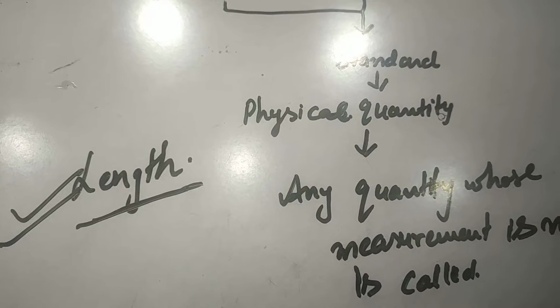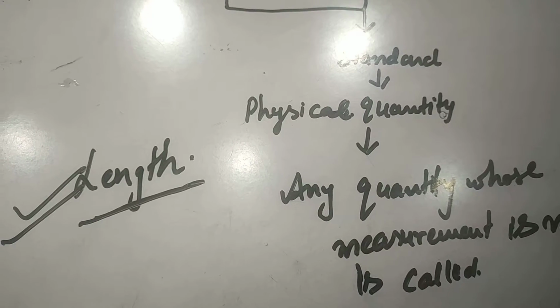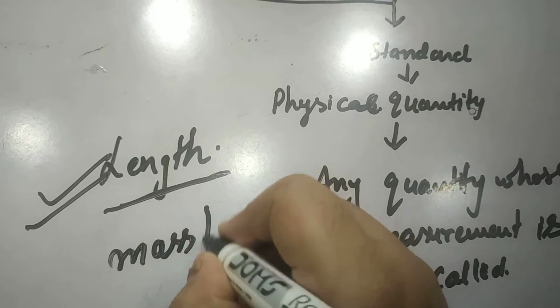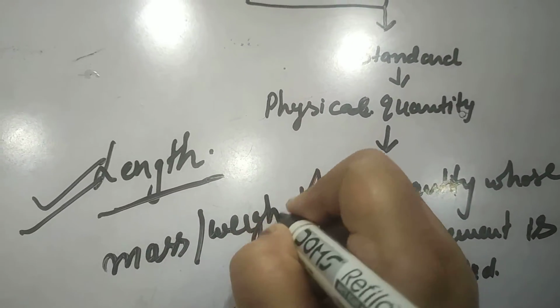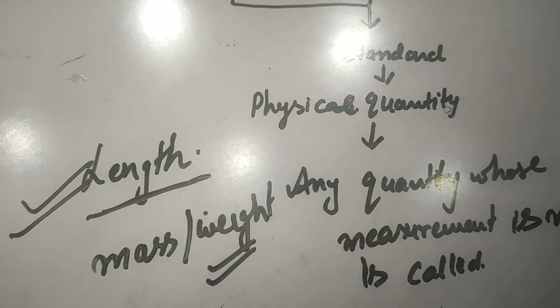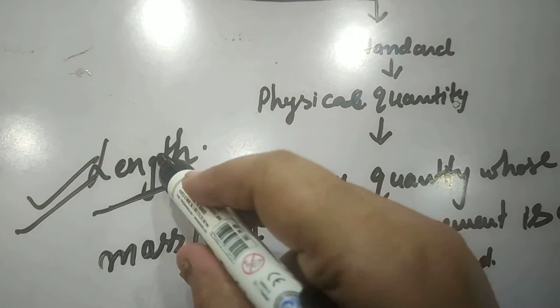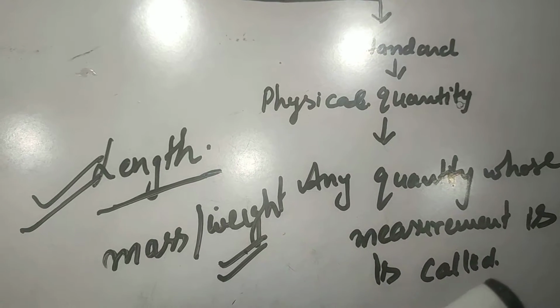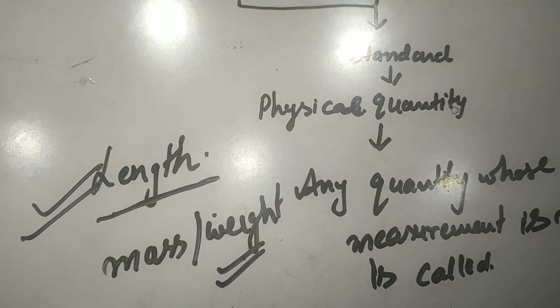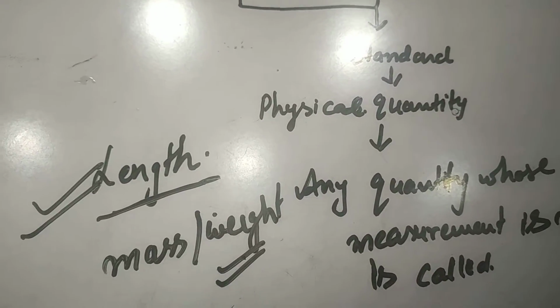If we want to measure a vegetable, in that case, we are going to measure the mass or weight of the body. More precisely, we are talking about the weight of the body. Right? So, these are the physical quantities which we need to measure, and we can't measure them without the help of units.